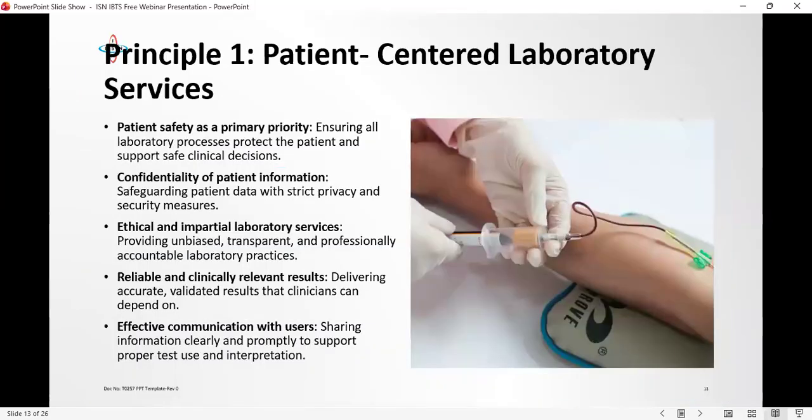So, principle 1, we have to be patient-centered. The services we do, if we do not have patients or people that are sick, we will not probably be in the business of laboratory testing. Patient safety should be priority, because imagine if it is a lab, you know, good news spreads like wildfire.